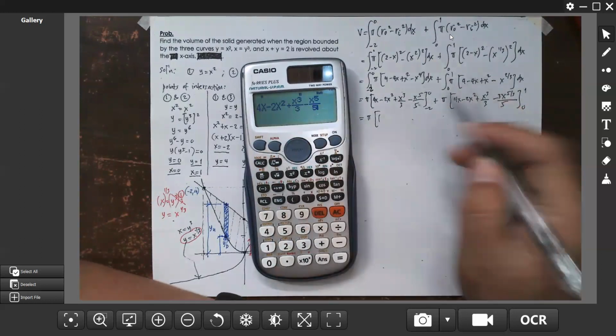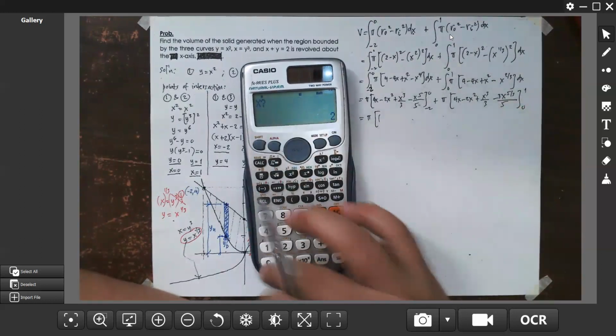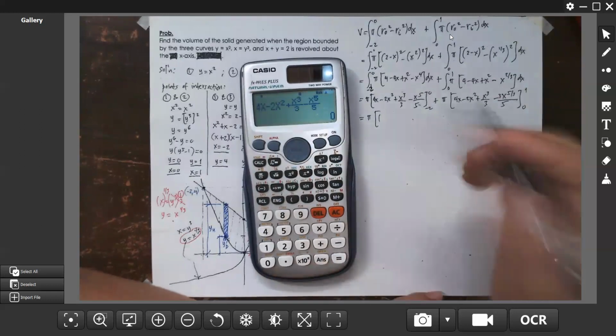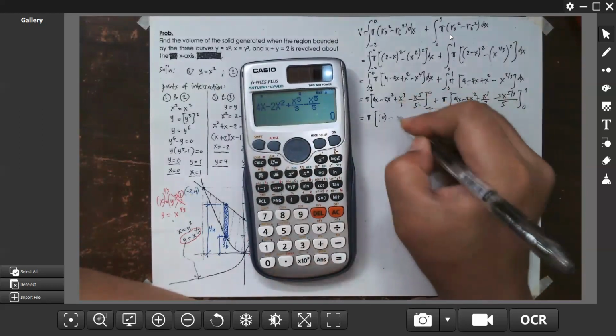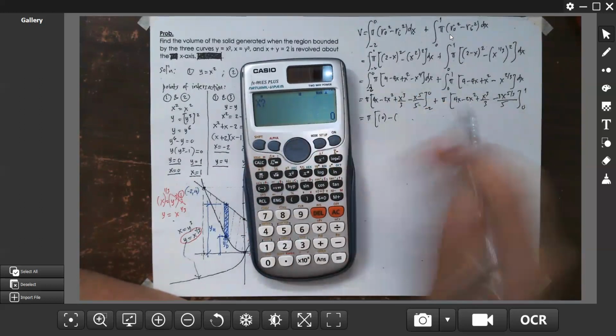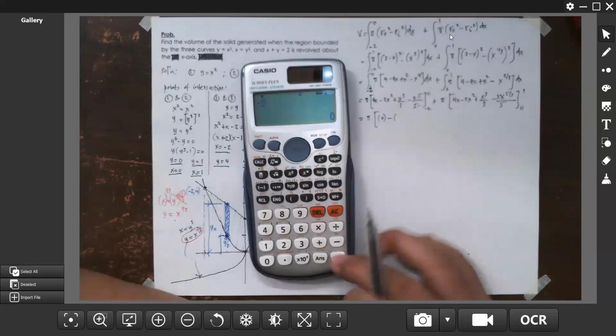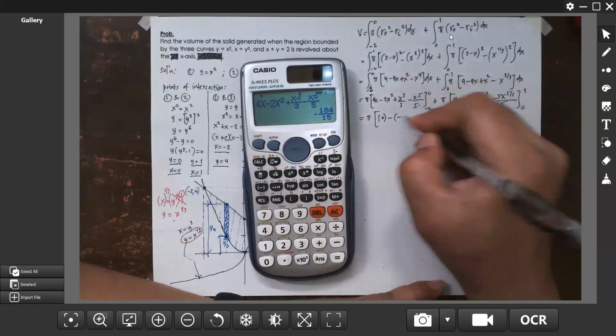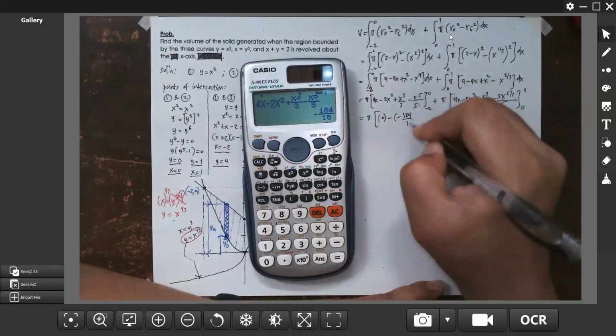Calculate at 0, which is 0, minus at negative 2, which gives negative 184 over 15.